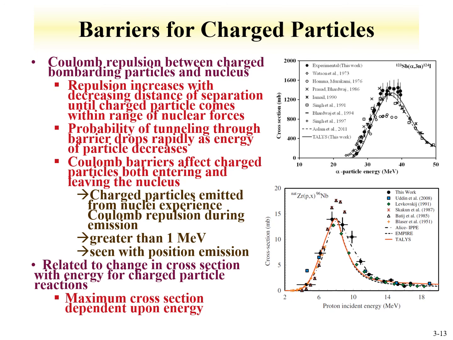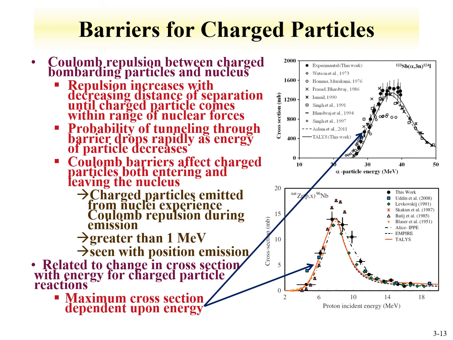Based upon what we've discussed on reactions, there are a few things that are demonstrated here. One is that we have this minimum threshold energy due to the Coulomb repulsion, and then there's also a maximum cross-section that is defined by a given energy at which the highest probability of the reaction occurs.